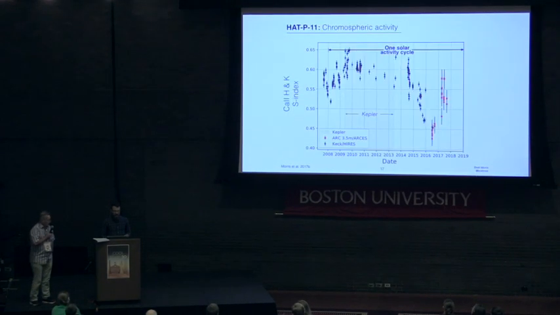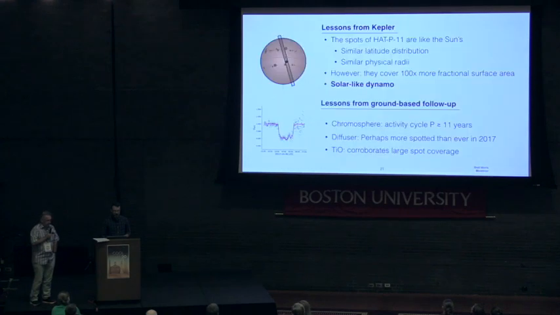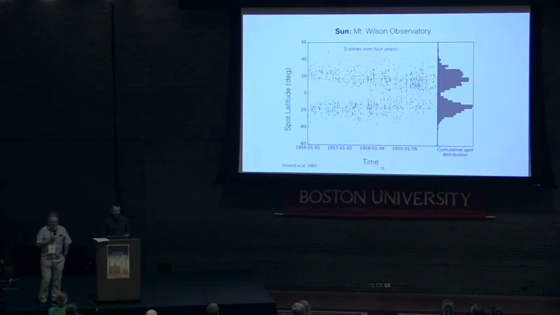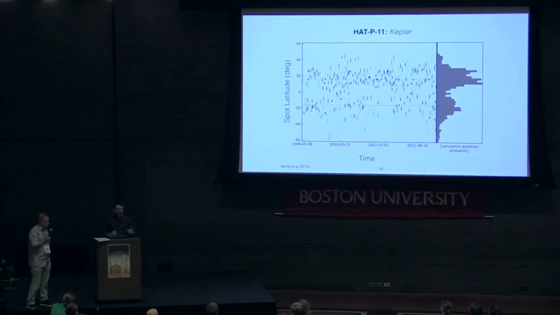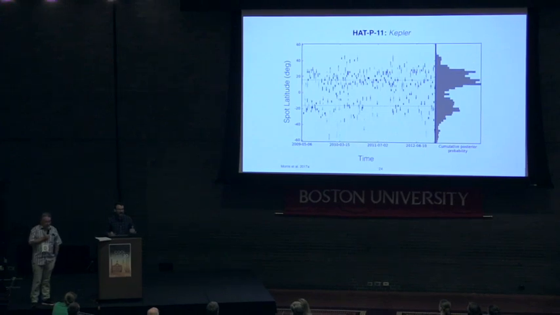I can show you a figure that is tempting but dissatisfying. If you were to look at the Sun, this is the spot latitude distribution as a function of time over a 4-year bin. You see evolution. If I show you the same plot for HAT-P-11, it's not obvious that there is a distribution shift in the mean latitude as a function of time over 4 years.